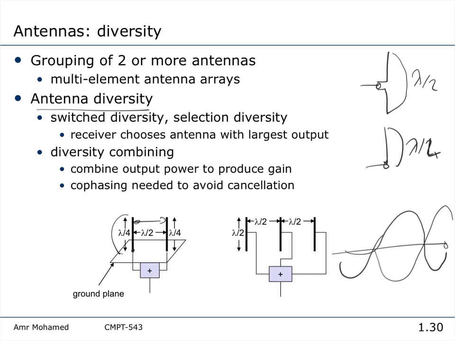So now, if I have multiple antennas on one device, that creates what we call antenna diversity. What does that mean? At the receiver side, the receiver has multiple antennas, and each antenna absorbs certain energy from the environment that represents the signal that is coming over the air.